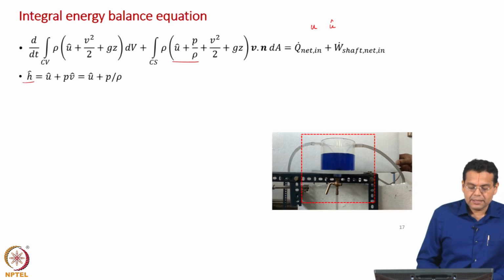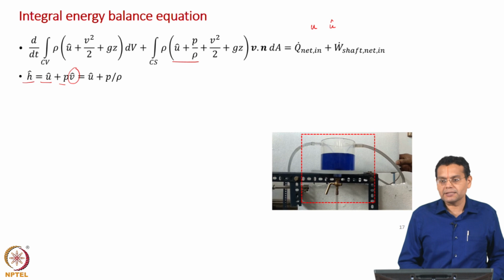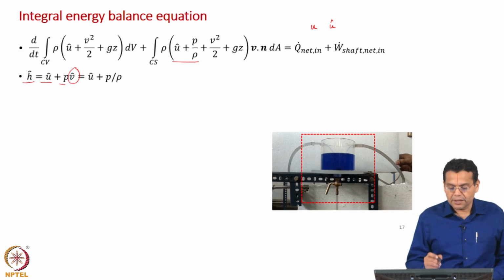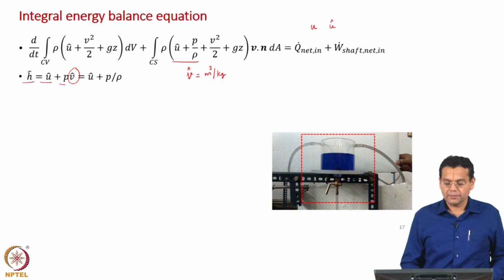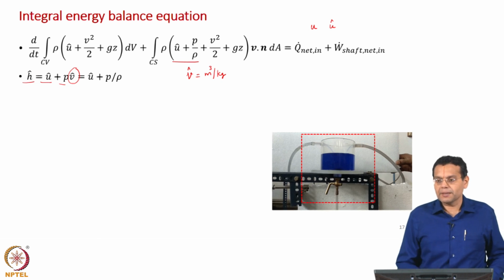H cap is equal to U cap plus P into V cap. H cap is enthalpy per unit mass, U cap is internal energy per unit mass, of course P is pressure, V cap is the specific volume which is volume per unit mass, which is nothing but 1 by rho.